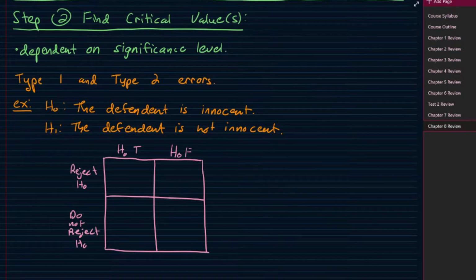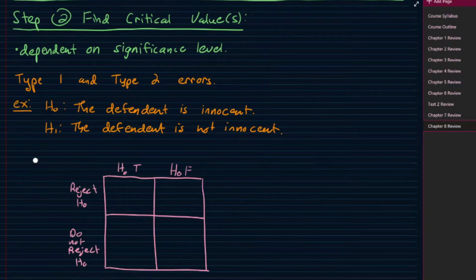Okay, so let's look at the top left box first. Here we are saying that the person is innocent, but we're rejecting it. So in this case, the person's innocent. In this case, the person's guilty. I guess I could even put that here. That'll help make this a little bit more clear.